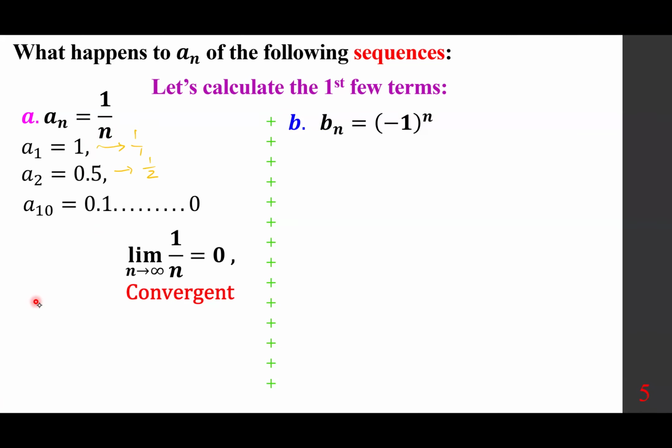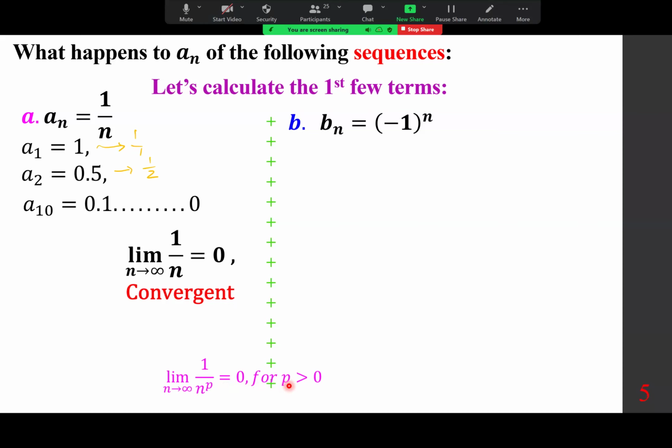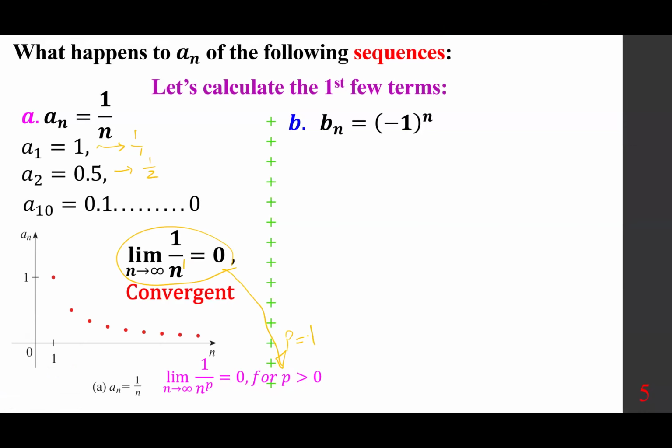We can also recall this theorem that was mentioned: the limit of 1 over n to the power of p equals 0 for p larger than 0. And I hope you realize p is 1 for this example. If we were to graph it, it will look like this. Because it's discrete, we have just the dots.